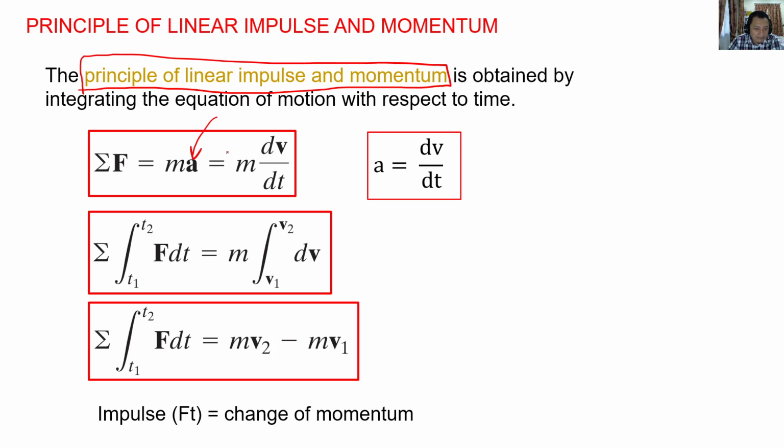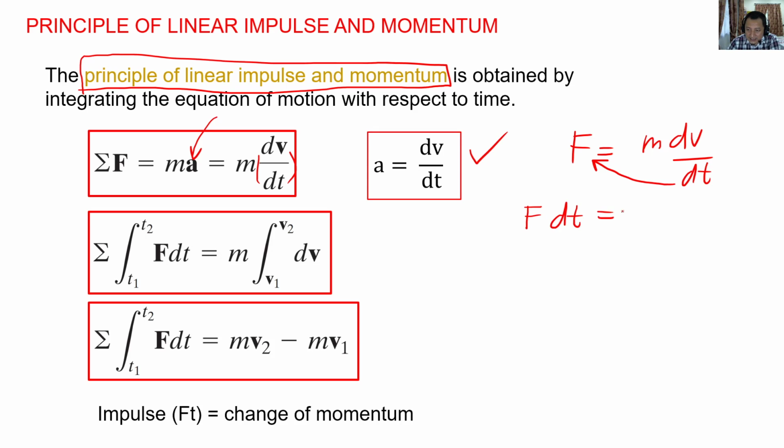You replace a with dv over dt, so F is equal to m dv over dt. The dt you can bring over here, and you get F dt is equal to m dv.